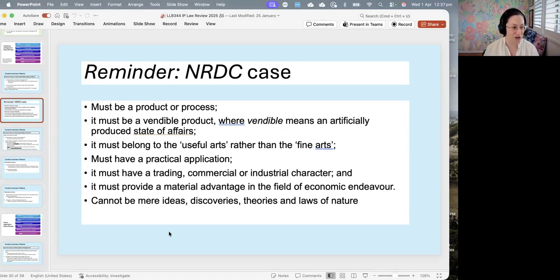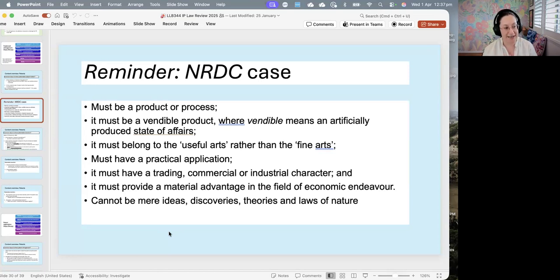It's something that has actually been invented. It must be useful. It must belong to the useful arts rather than the fine arts. It must have a practical application. It must have a trading, commercial, or industrial character. And it must provide a material advantage in the field of economic endeavor.